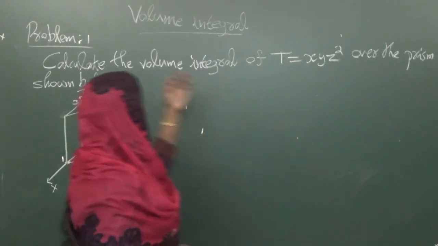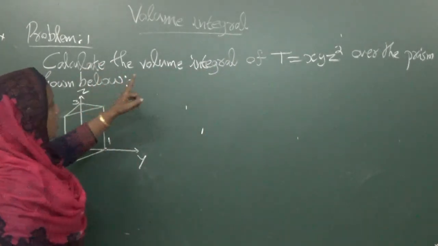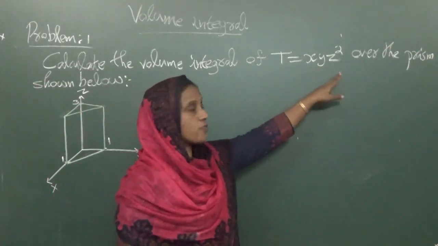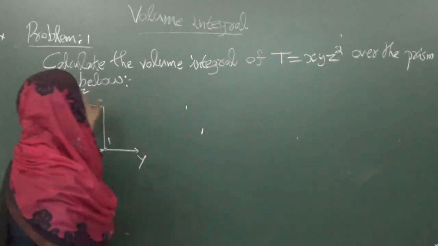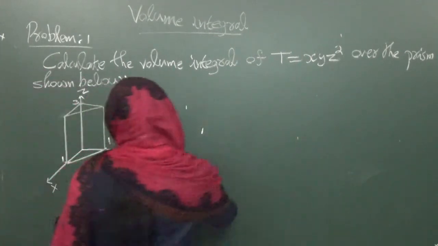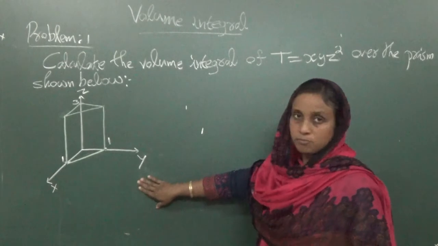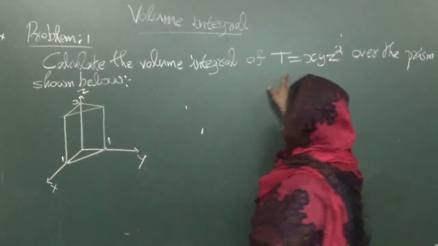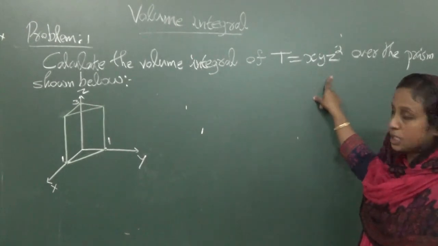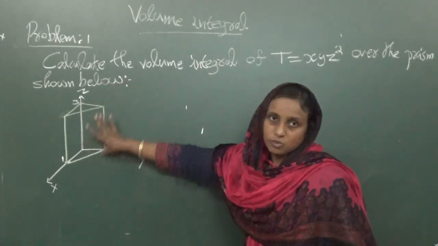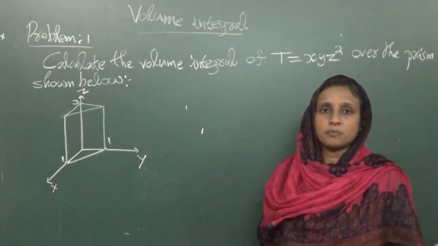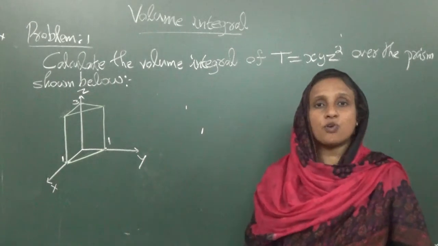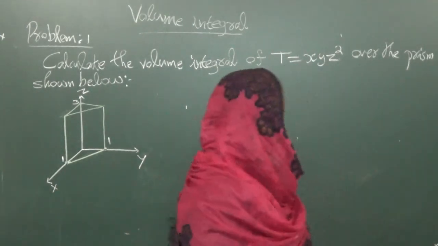This is the problem. Calculate the volume integral of T equal to xyz² over the prism shown below. You can see the prism here. This is the volume. We have to find the volume integral of this function over this volume. We already learned how to define a volume integral, so we can write it first.